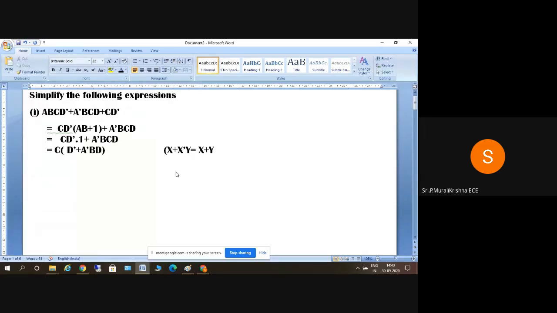That is using the distributive law, because x plus yz is equal to x plus y into x plus z. So the shortcut of this is x plus x bar y is equal to x plus y.